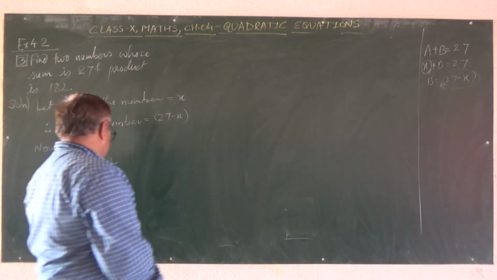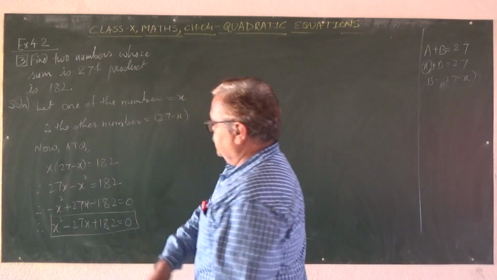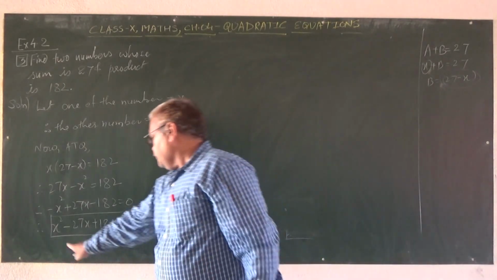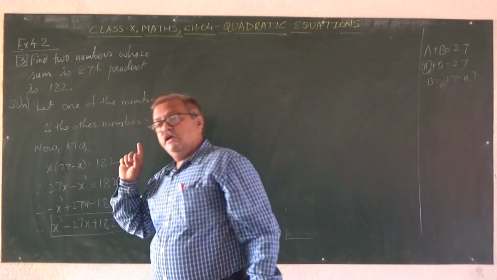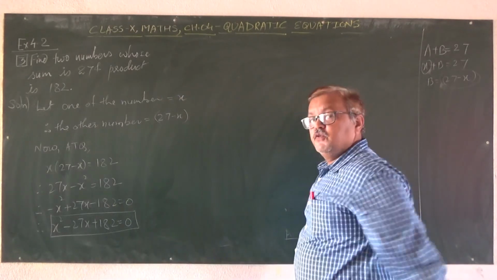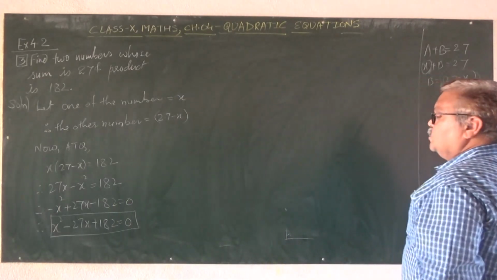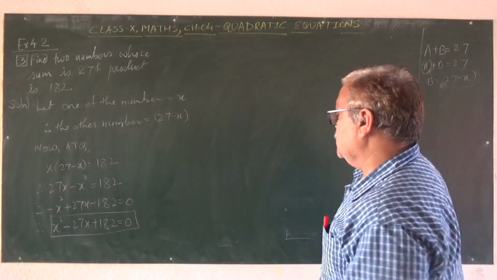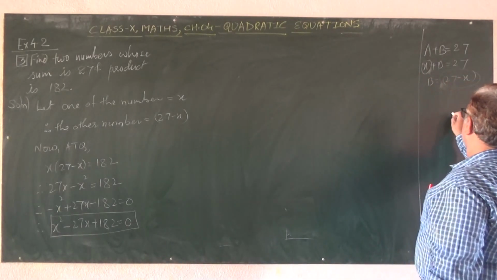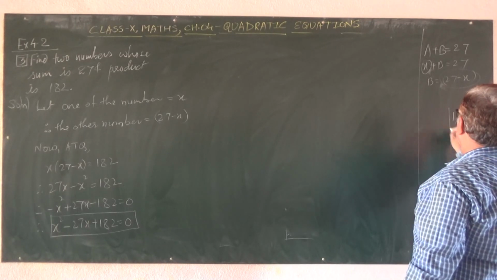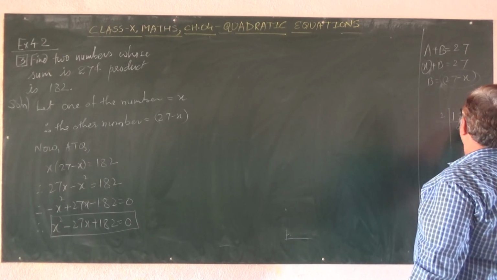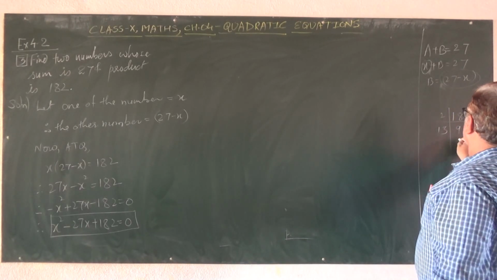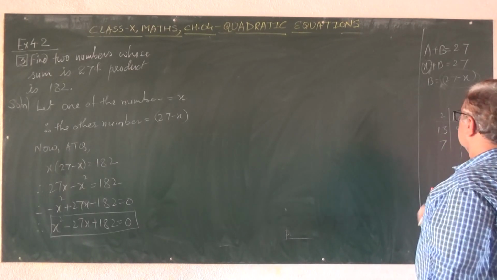Now factorize this by splitting the middle term. So 1 into plus 182 is plus 182 and minus 27 is the middle term. So we want two numbers whose product is 182 and whose sum is minus 27. So let us factorize 182. 2 times 91, 91 is 13 times 7.